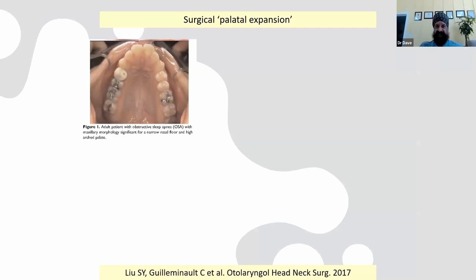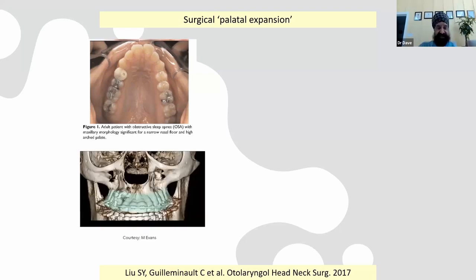So when we think of palatal expansion, we can talk about non-surgical expansion, the example I just showed you, but there's a whole slew of palatal expansions which are surgically based. They could be mini implants, it could be surgically assisted rapid palatal expansion, so on and so forth. So we pick a paper here on surgical expansion, and we can see this adult patient with a diagnosis of sleep apnea, and they have this kind of narrow nasal floor, high vaulted palate.